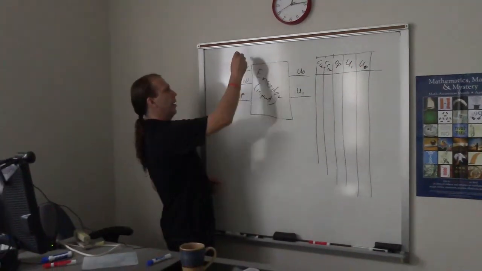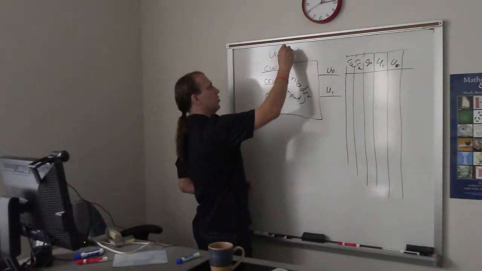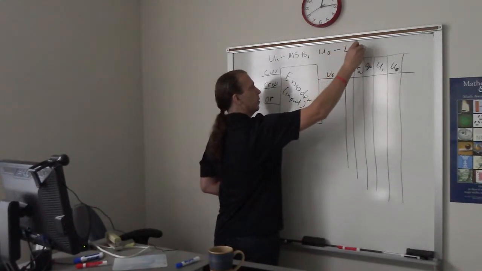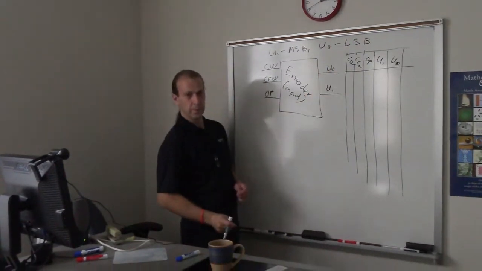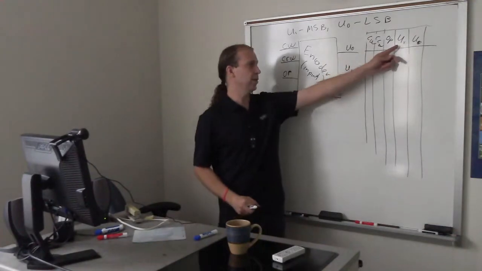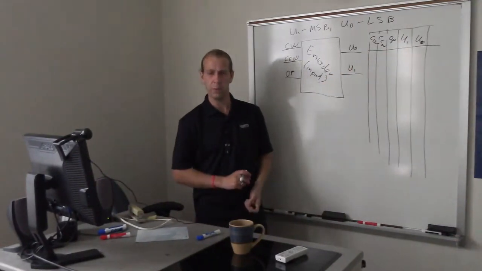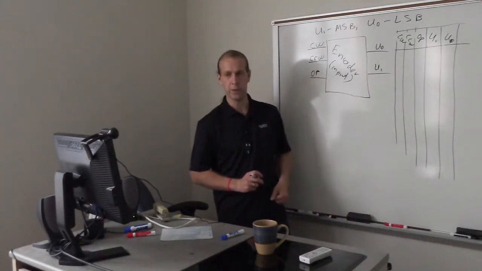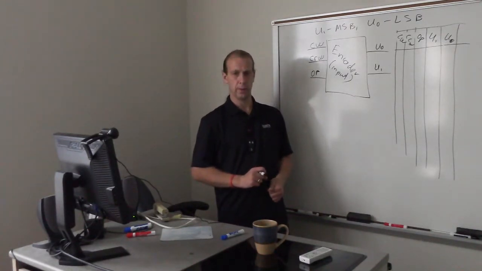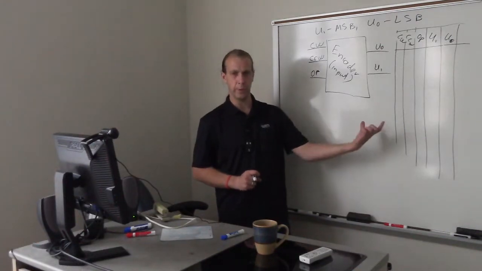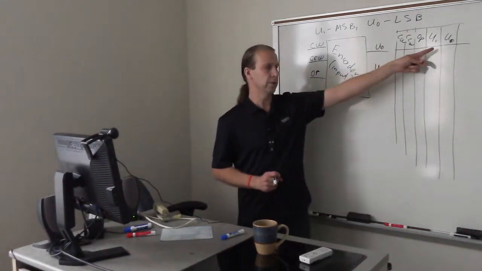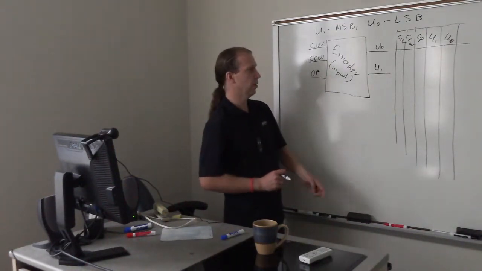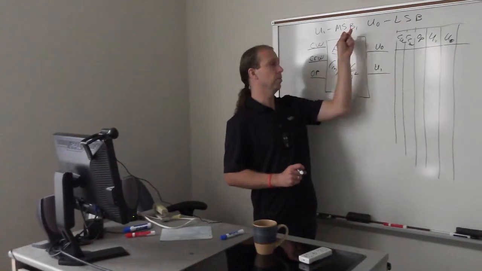I will say that U1 is the most significant bit and U0 is the least significant bit, because later on we can think of the combination of these two bits as forming a number. That number will be in the range from 0 to 3. When we're talking about converting bits to a number, we want to know which one of these bits is the least significant and which is the most significant. So the bit with the highest index will be the most significant bit.